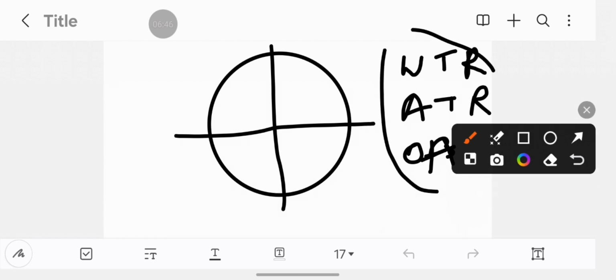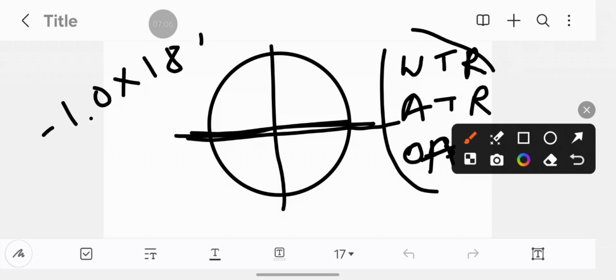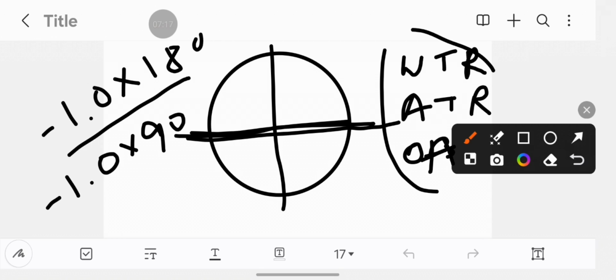In with the rule astigmatism, the vertical corneal curvature is steeper than the horizontal corneal curvature. If you give the minus cylinder, the axis of the minus cylinder will be in the horizontal meridian, like minus 1.0 into 180. In the same way, minus 1.0 into 90 is against the rule astigmatism, where the horizontal corneal curvature is steeper than the vertical corneal curvature.